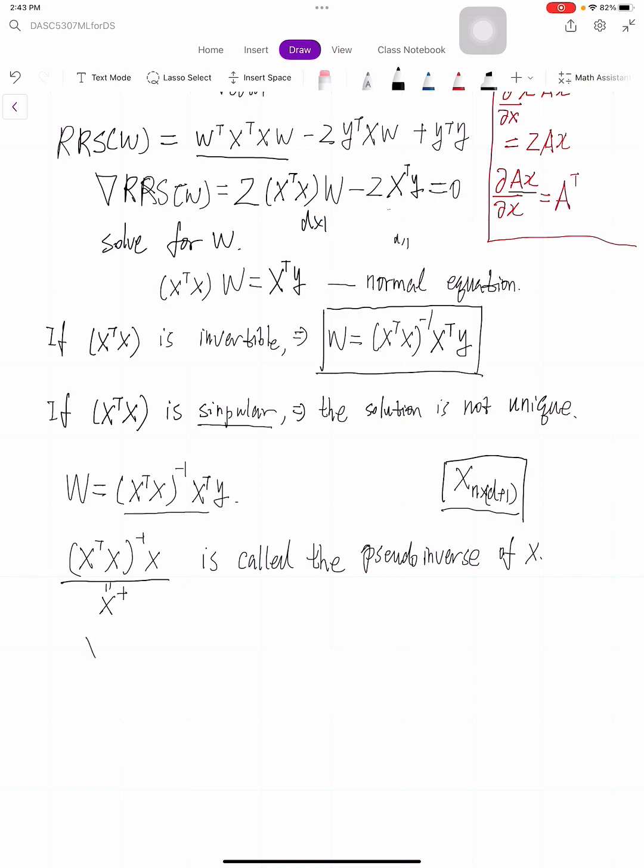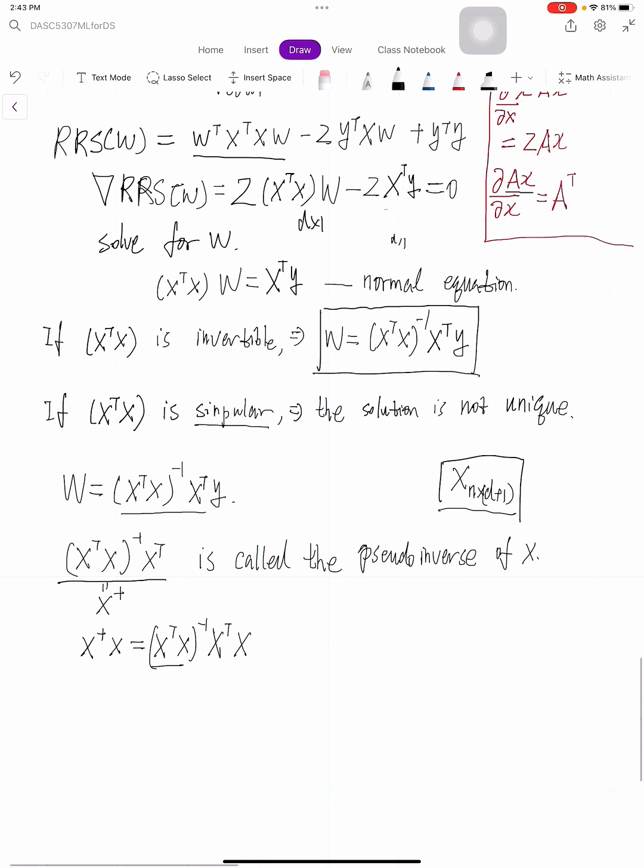If you take X plus multiplied with X, this will equal X transpose X inverse X transpose multiplied by X. Oh, sorry, I mistransformed.